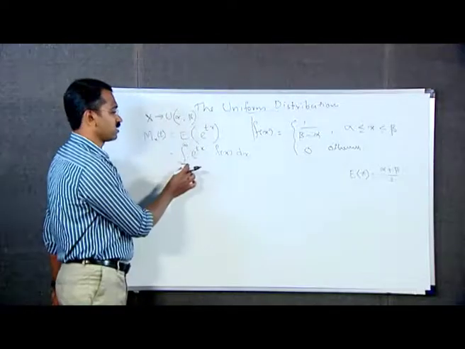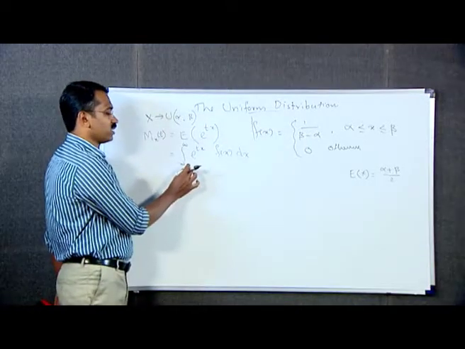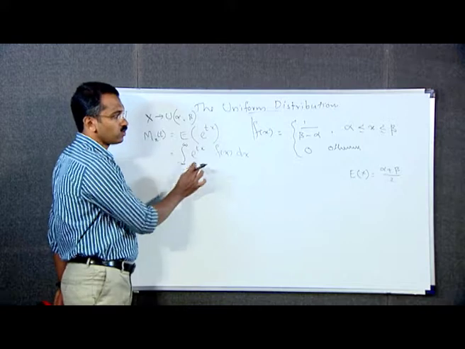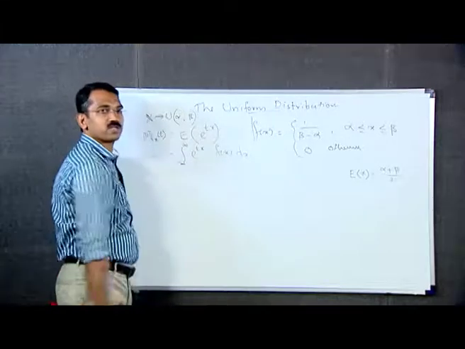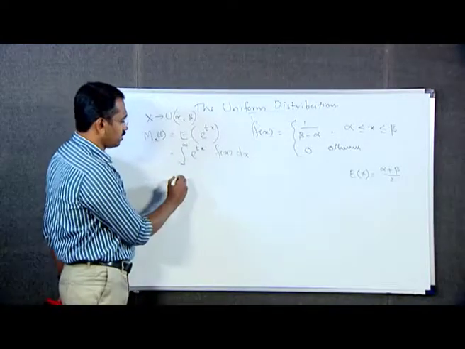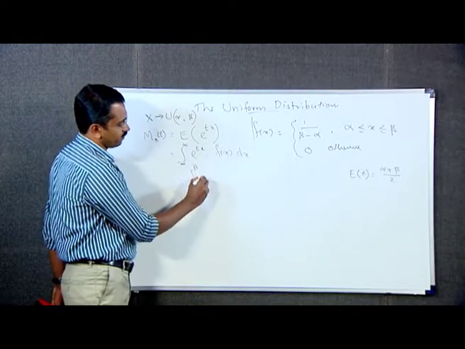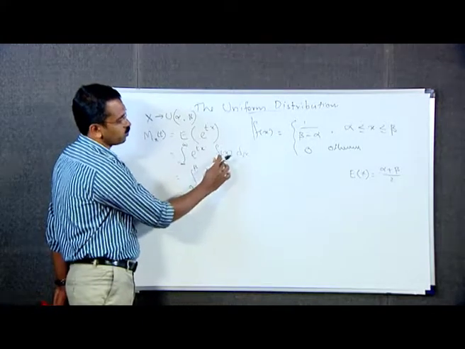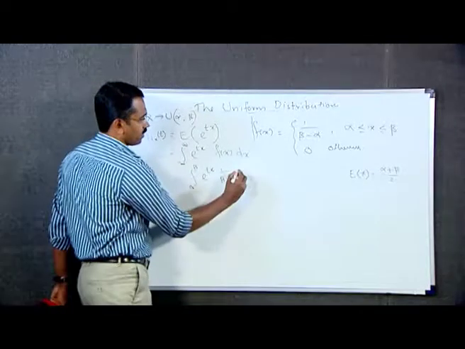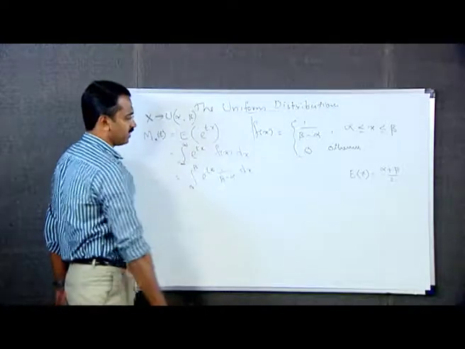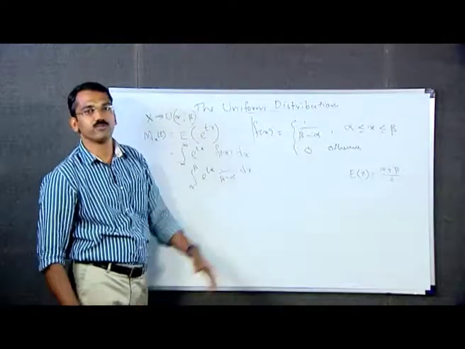Therefore, we can split this limit of integration into 3, in which the first one, that is the integral from minus infinity to alpha of e raised to tx f of x dx, is 0, and the middle term, that is integral from alpha to beta e raised to tx into f of x, which in this case is 1 by beta minus alpha dx, plus in the third case the limit is beta to infinity, in which case the function is defined as 0.